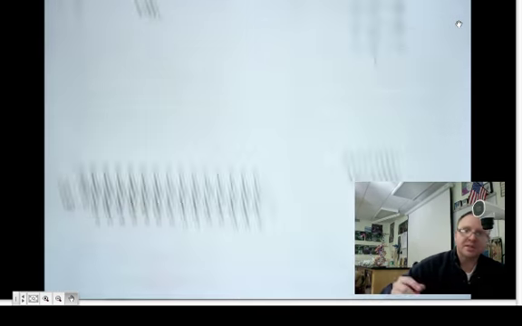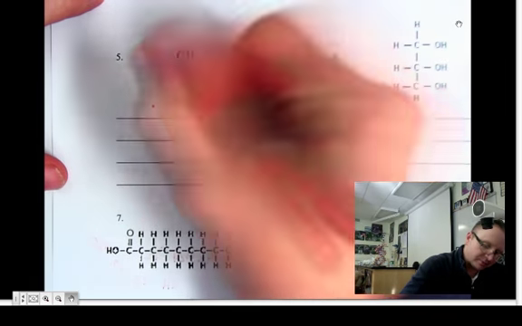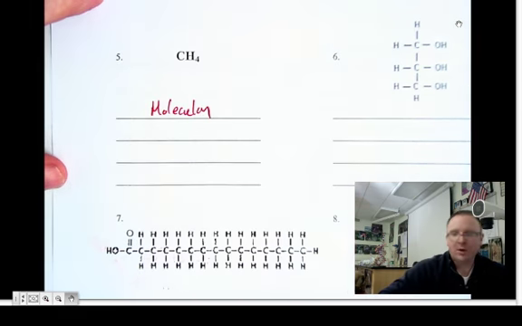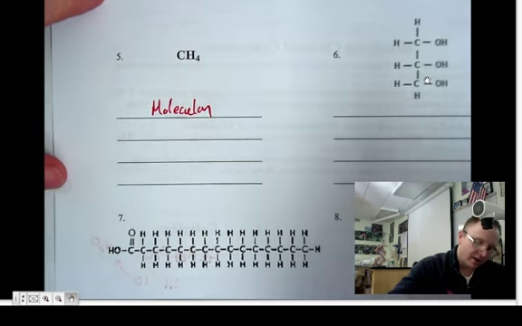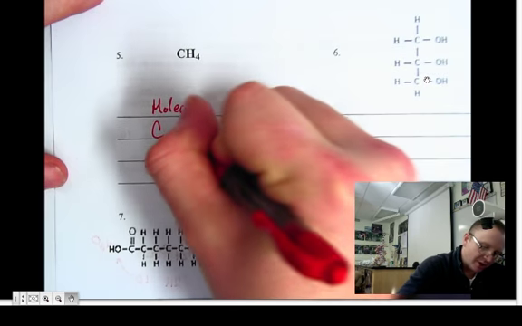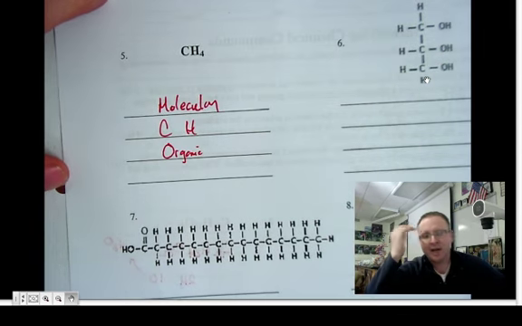We move on here. The next one is CH4. This is a molecular formula. The elements that are present are obviously carbon and hydrogen. This is organic. This is the simplest type of organic molecule.